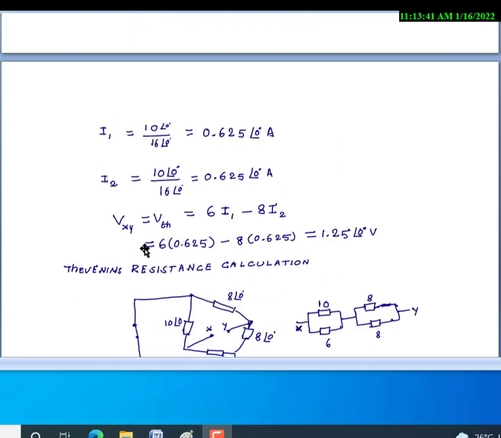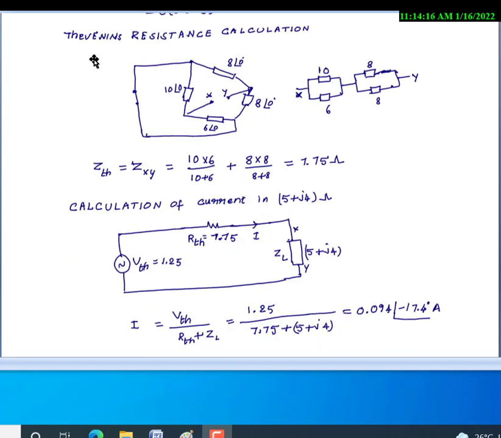So Vxy is nothing but V Thevenin, and that is 6 I1 minus 8 I2. We have calculated I1 and I2. We substitute those values here: 6 into 0.625 minus 8 into 0.625. Then we get 1.25 volts at an angle of 0 degrees. This is called the Thevenin's voltage.